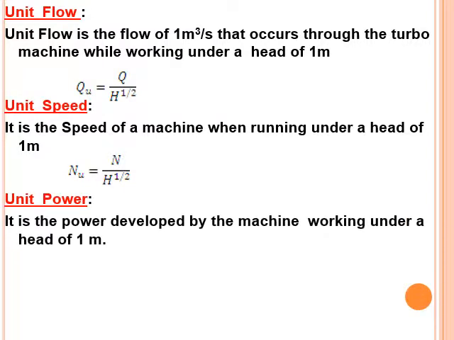And unit power is the power developed by the machine working under a head of 1 meter, given by PU equals P by H power 3 by 2. And this is the information related to the effects of the Reynolds number and unit quantities related to the turbo machine.